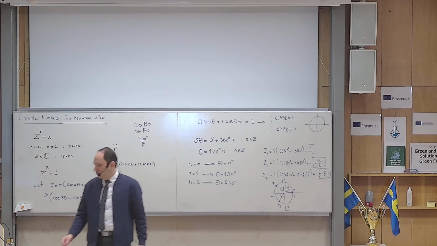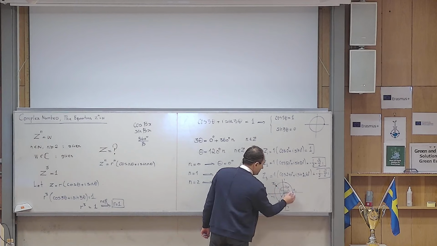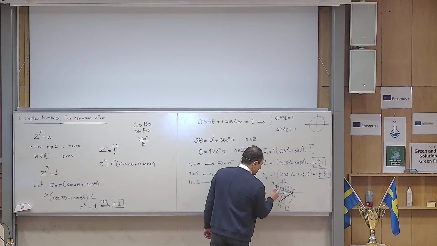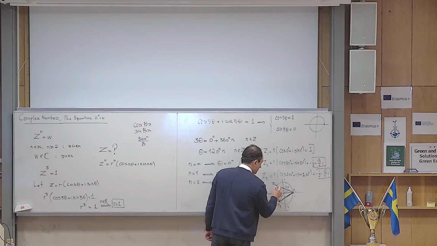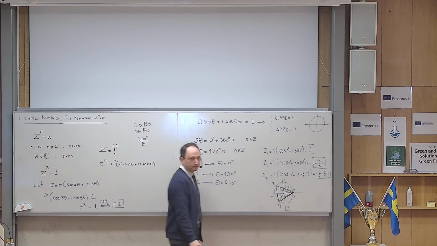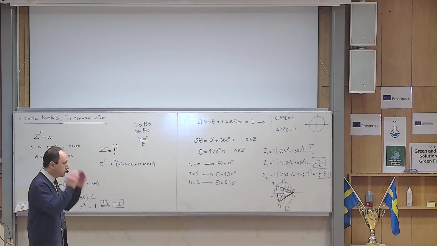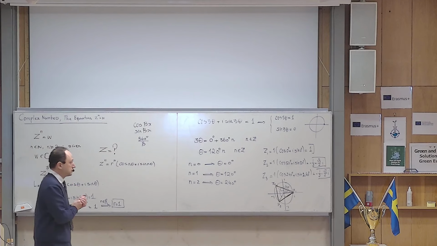And then it is important to realize that if you connect these vertices, these roots together, if I do it precisely, which I didn't do, then you will get a regular triangle, which is an equilateral triangle in this case. Okay, so it is important to know what geometrically happens to the roots, to the solutions.